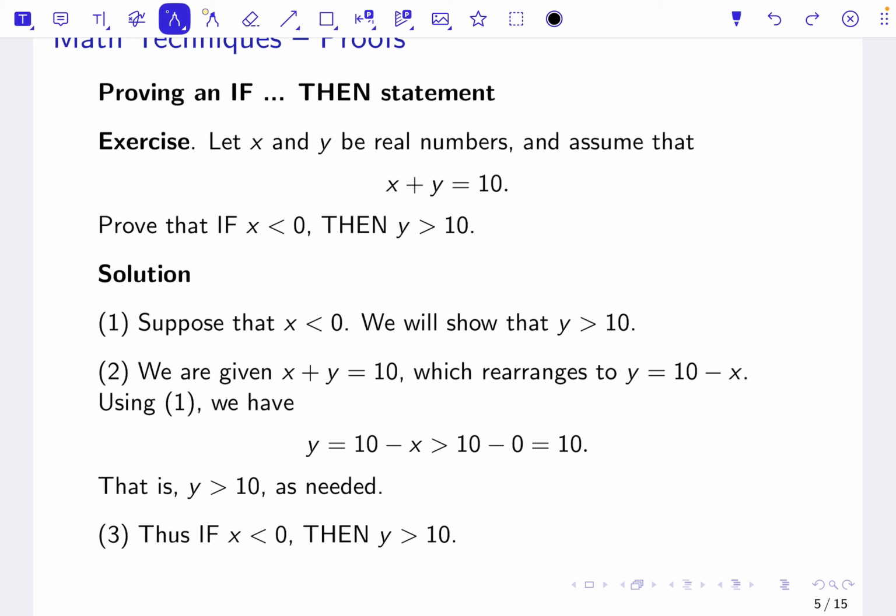If part 3 said, thus, y is greater than 10, that would be a decent conclusion, but we're proving an if-then statement. It's just nicer to restate the entire if-then thing.